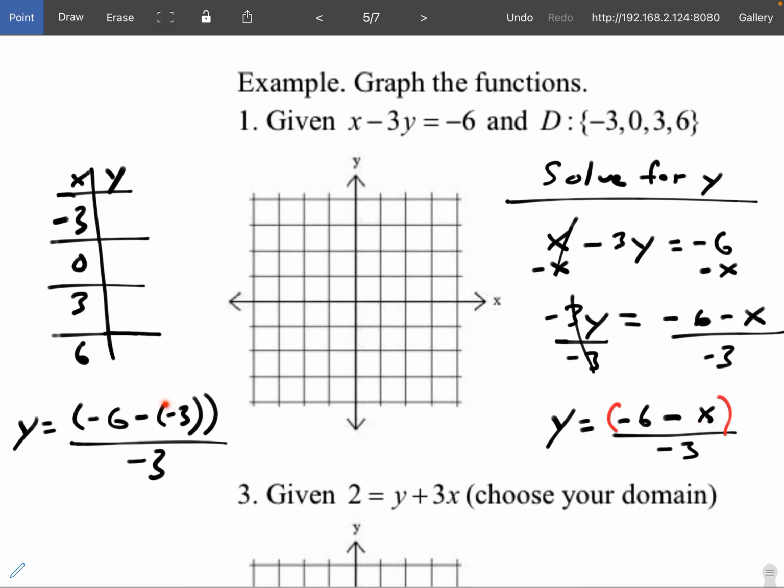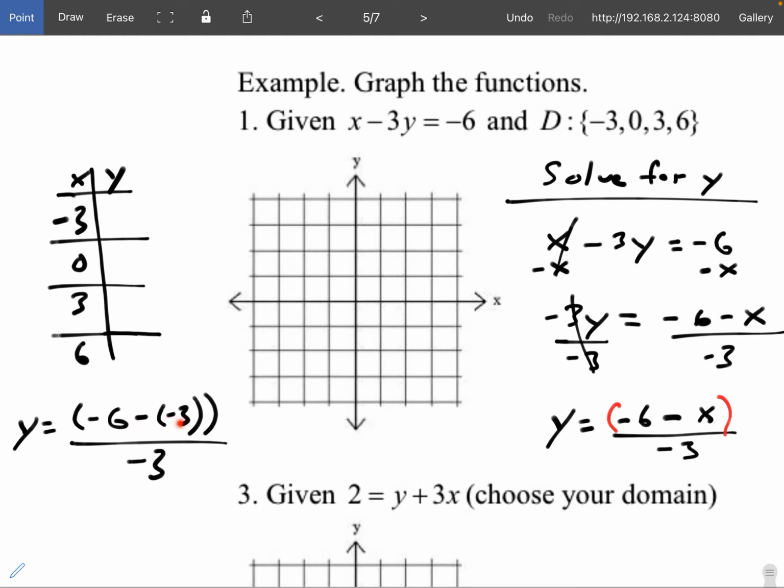Now, do you guys see that I put the negative 3 in for x right here? So I put it in parentheses. The thing that I'm substituting in, or plugging in, I put in parentheses right here. So again, if you guys struggle with the positives and negatives still, I would just type this in my calculator exactly like I wrote it right here, with the parentheses and everything.